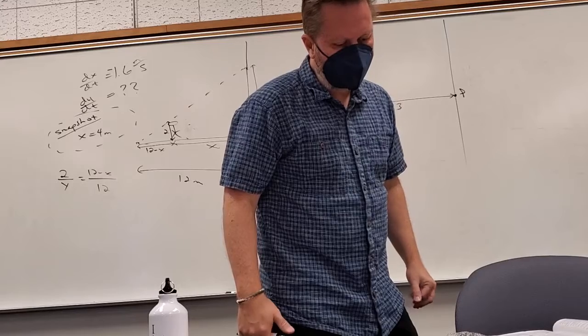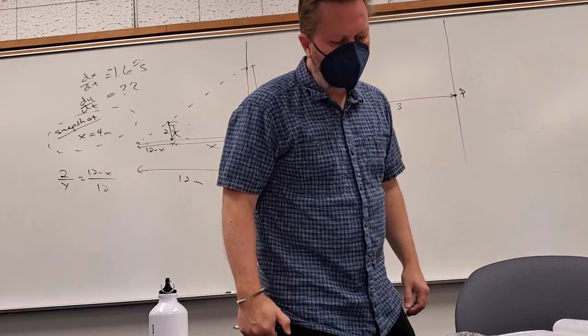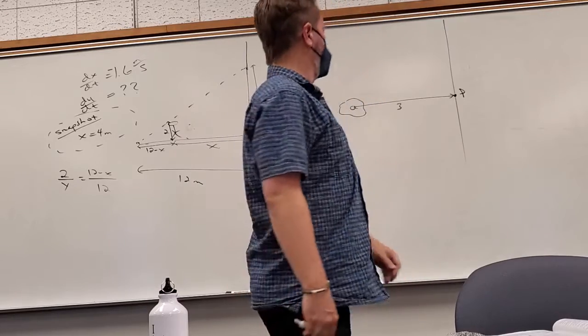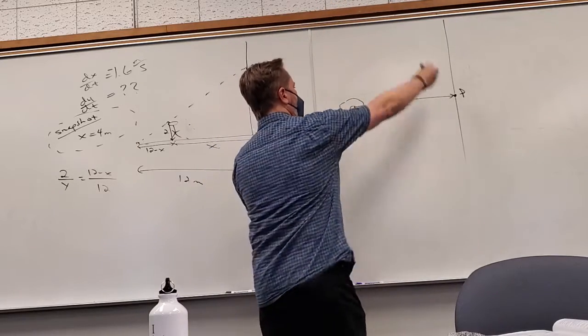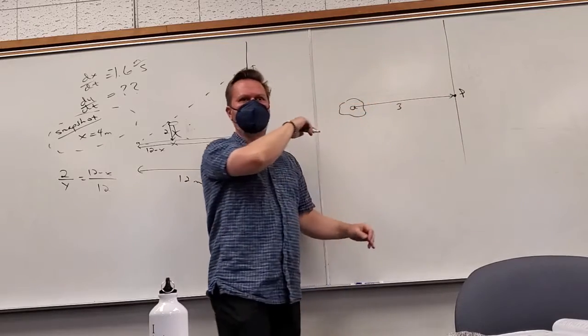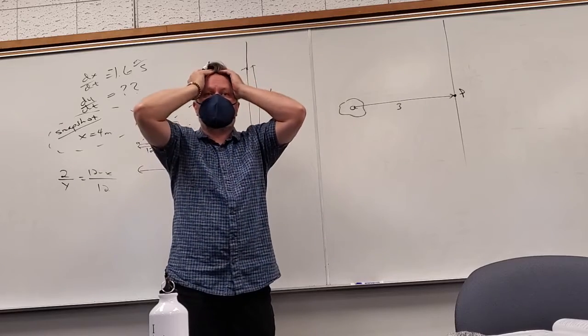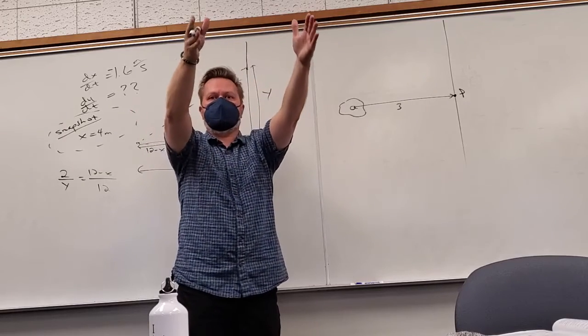How fast is the beam of light moving along the shoreline when it is 1 kilometer from P? So the light is sweeping, so it's moving along the shoreline, correct? At some arbitrary point, it's pointed at a place on the shoreline.